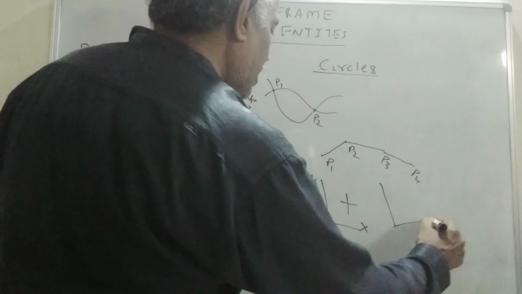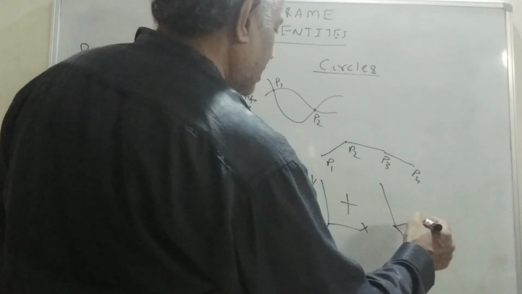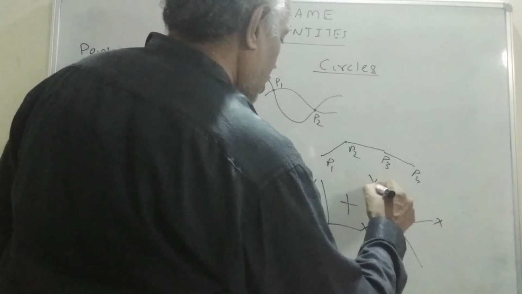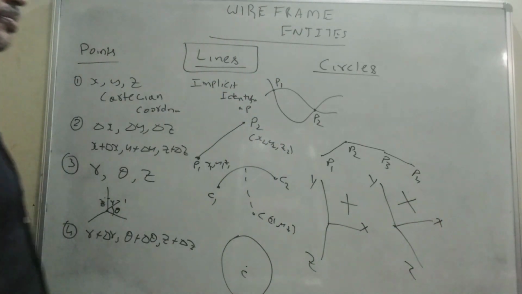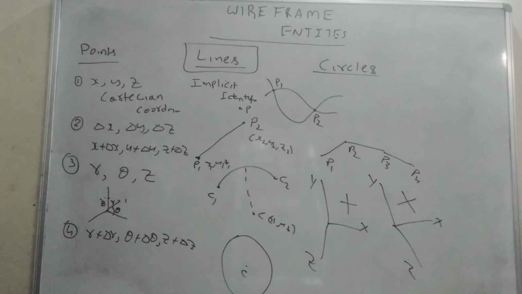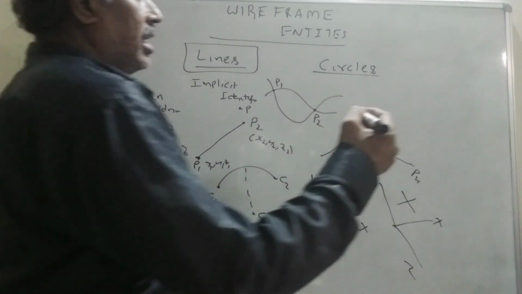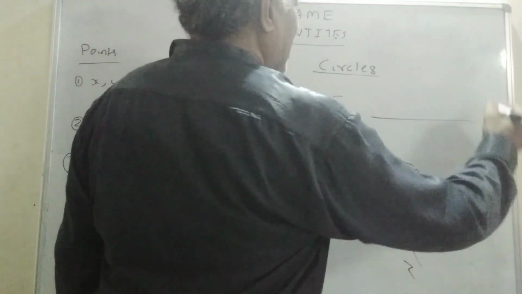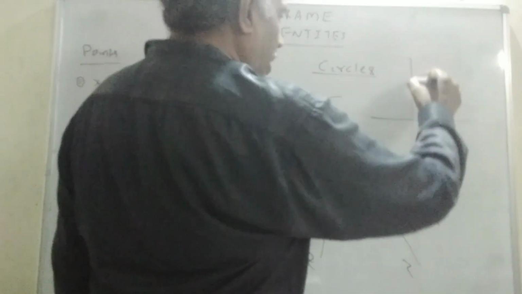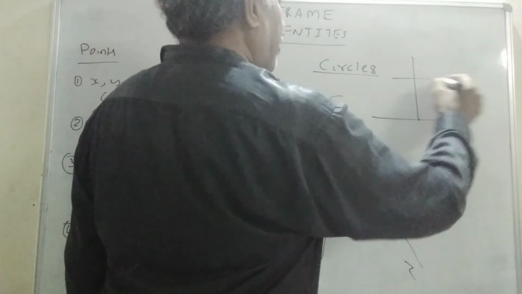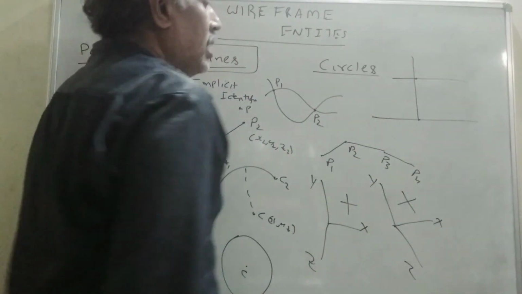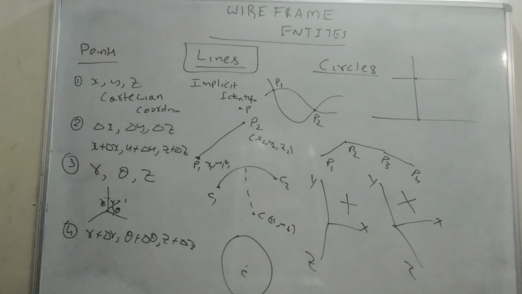Whatever the model coordinate system is, you can draw the x-axis and y-axis to the system. The other way of identifying a straight line: if there is a line, you can draw a line perpendicular to this straight line by identifying a point on the straight line and perpendicular to that particular line. This is another way of representing lines.